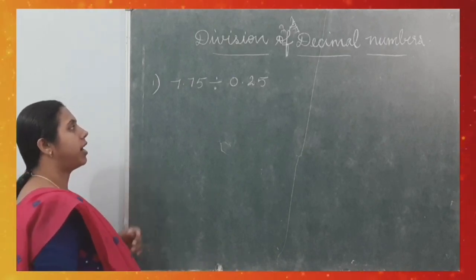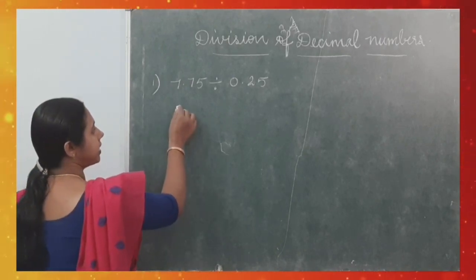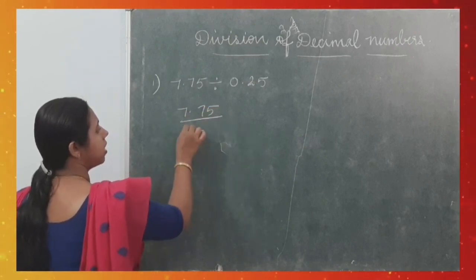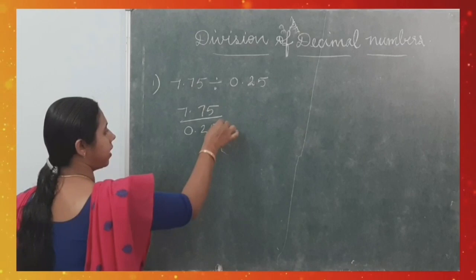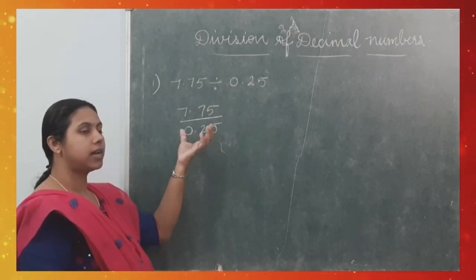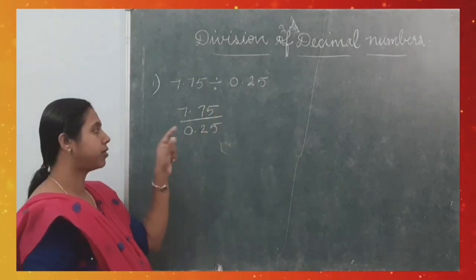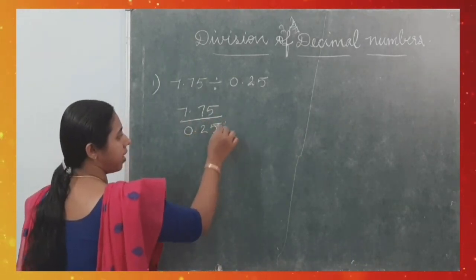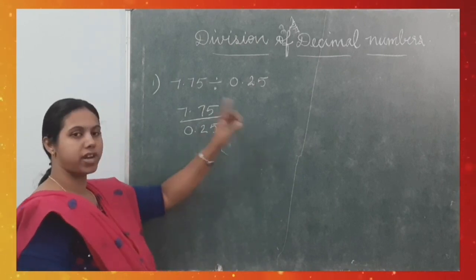Now when you are dividing this, first of all we can write 7.75 divided by 0.25. The denominator is a decimal number. Convert the decimal number into a whole number. To get a whole number, the decimal point will move 2 places to the right. Then only 25.0 will come.